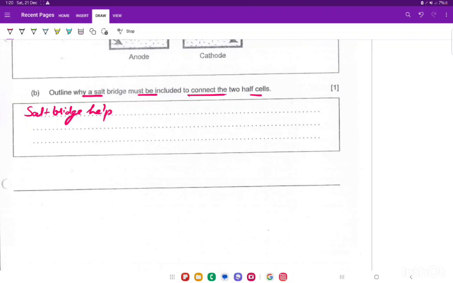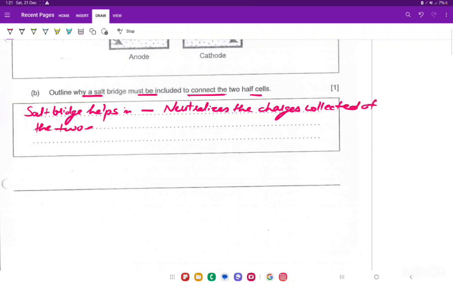Number 1, it neutralizes the charges collected at the two electrodes by transferring charges from one electrode to another without mixing the solutions.